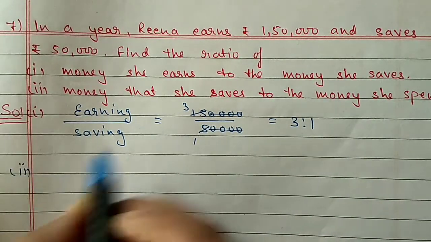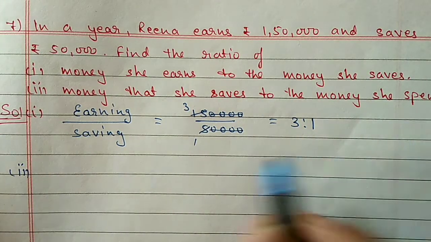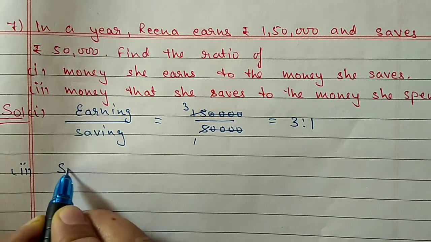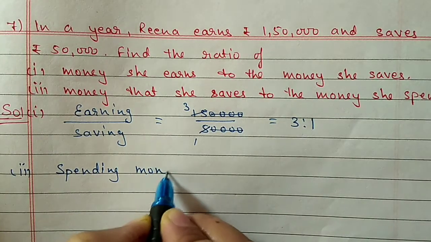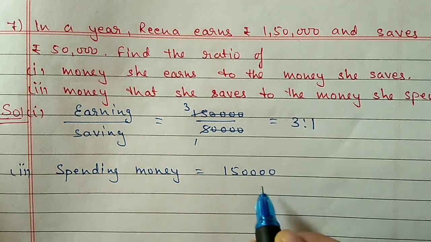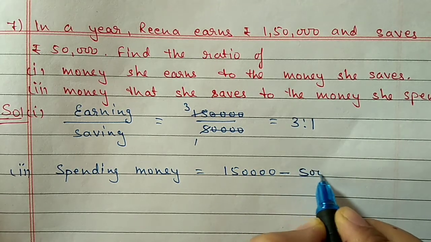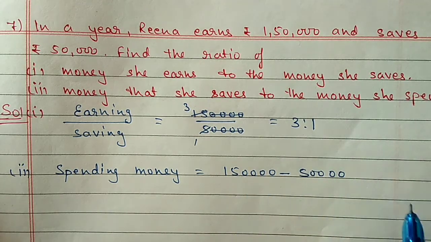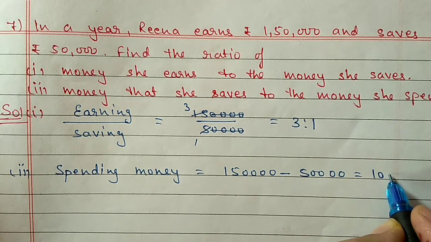Second part, the money that she saves to the money she spent. So first we have to find out the spending money. In total she earned 1,50,000 rupees and from that she saved 50,000 rupees. So the remaining, it means she is spending 1 lakh rupees.